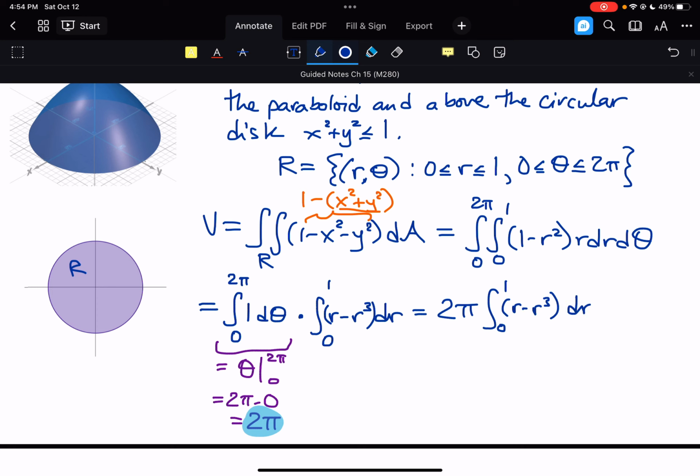The reason that I bring this up in this process is that this happens so frequently that we kind of give it its own name. So this happens so often, we call it the theta trick.